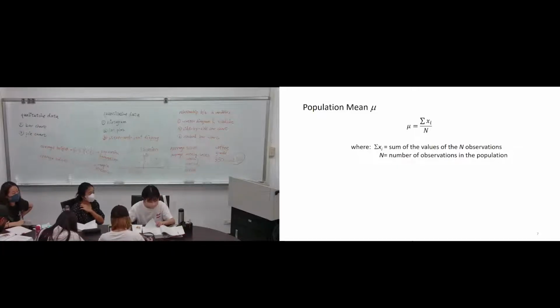We use the capital N. Capital N denotes the number of observations in the population. So for all the values in the N observations, we sum up all the values and then divide the summation by the population size, capital N. That's how we find the population mean.